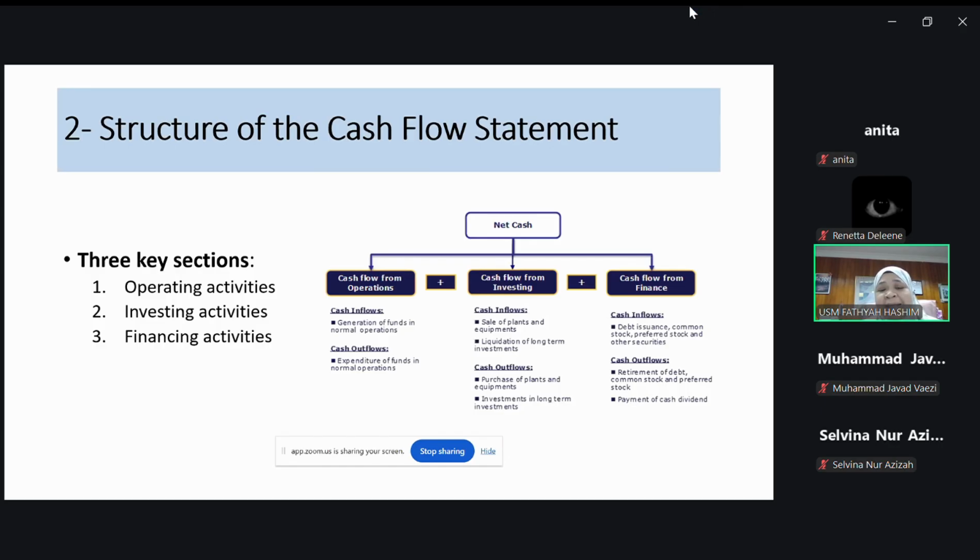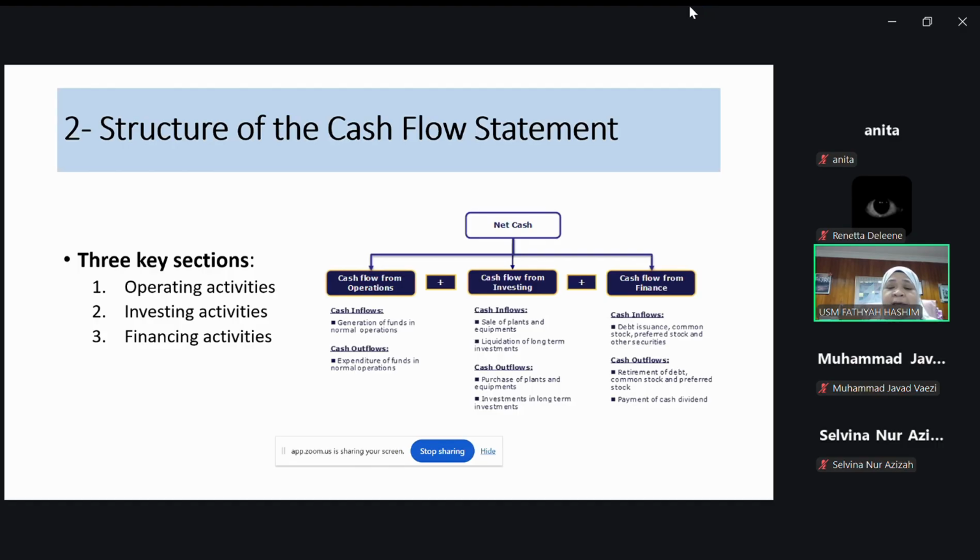There are three key sections in the cash flow statement: operating activities, the first heading, then the investing activities, followed by the financing activities. In each of the headings or sections, we have cash inflow and cash outflow. So that's for the cash flow from investing, cash inflow and outflow. Then for financing as well, cash inflow and outflow.